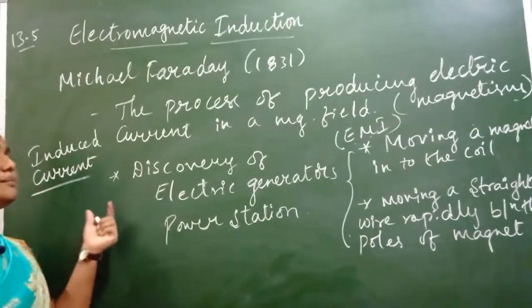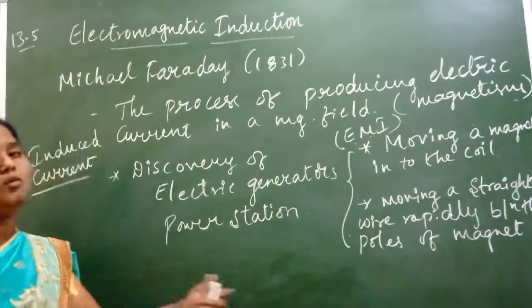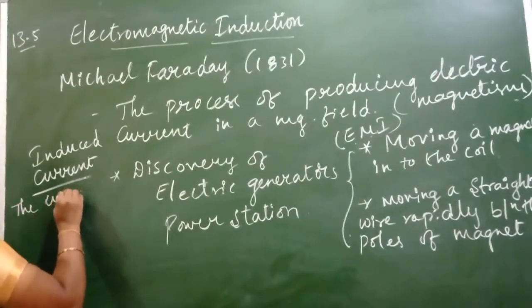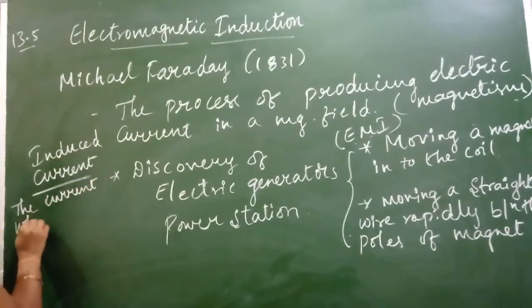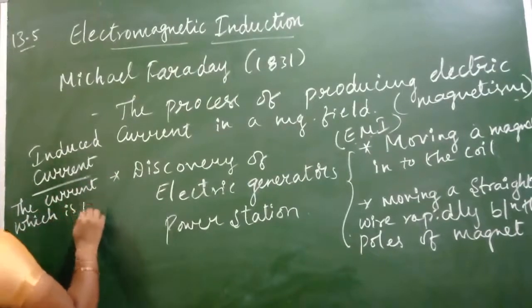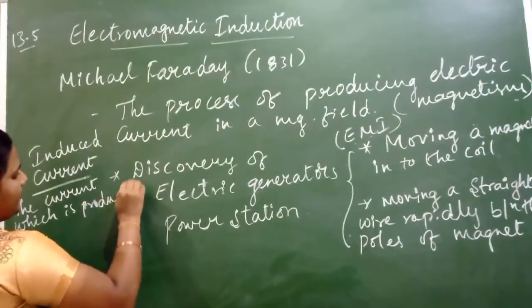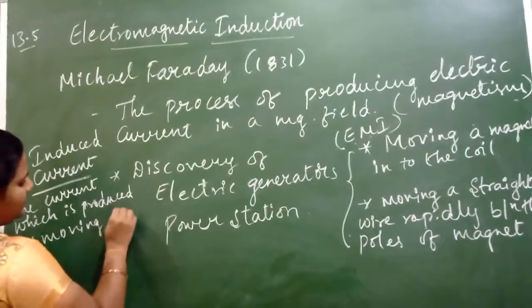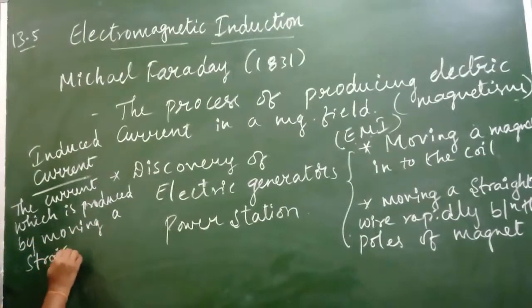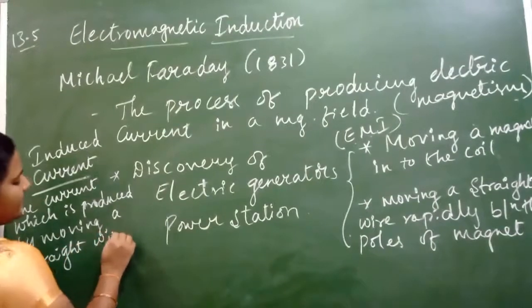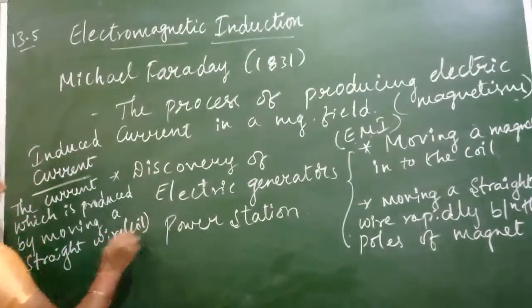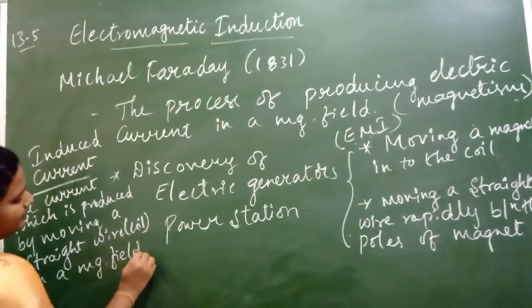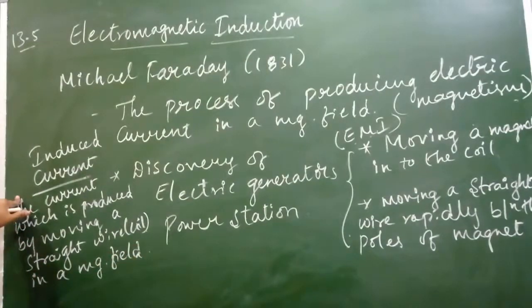The current which is produced by moving a straight wire or a coil in a magnetic field is called induced current, isn't it, children?